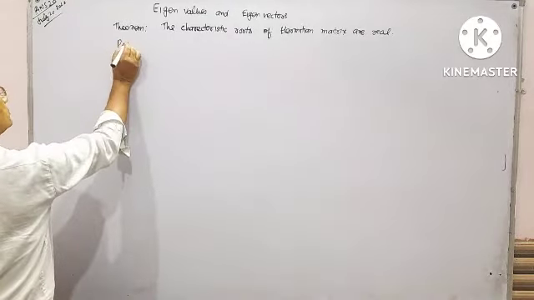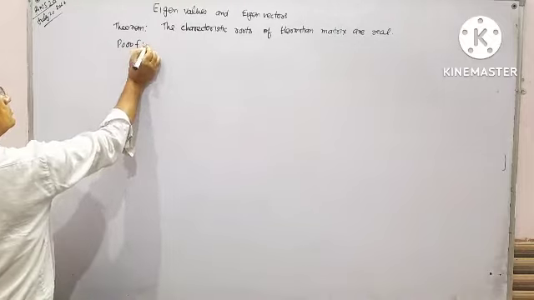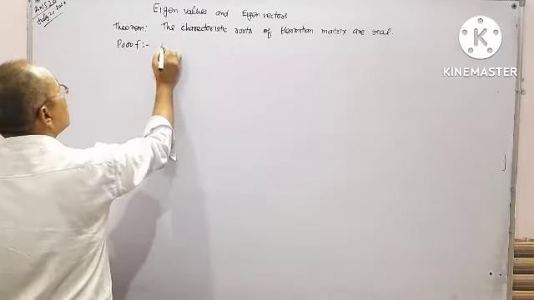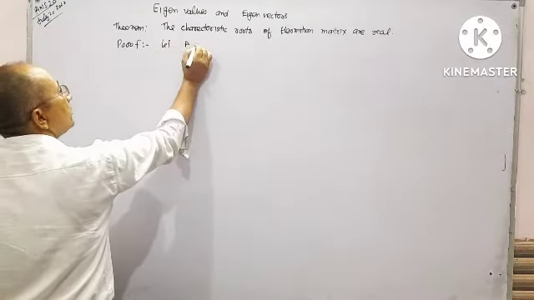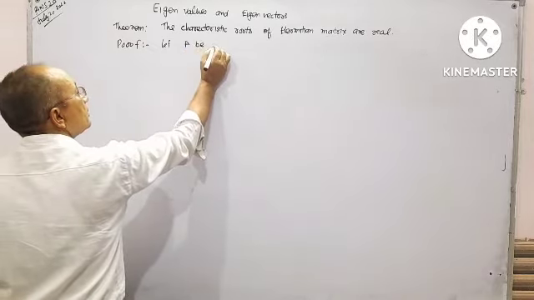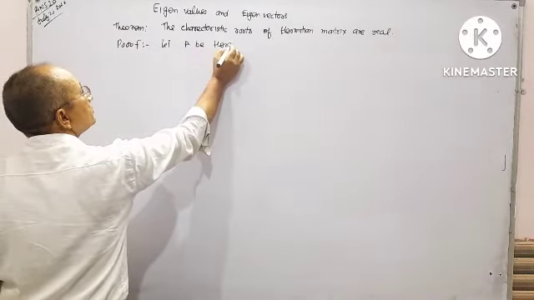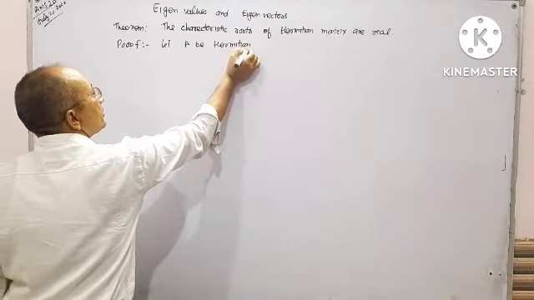Proof. Let A be a square matrix. Let A be a Hermitian matrix.